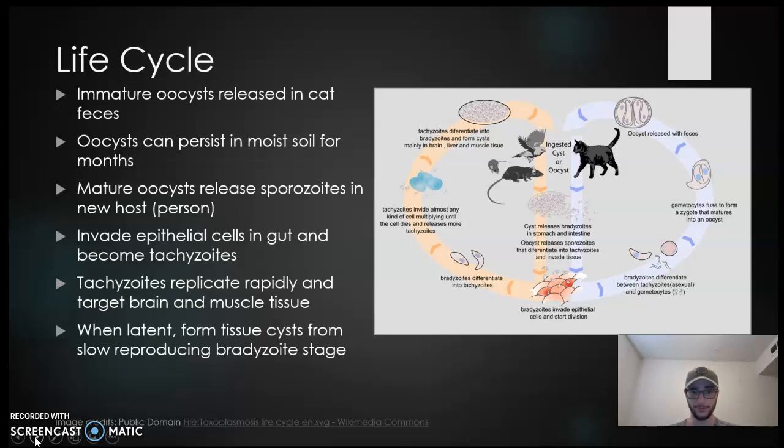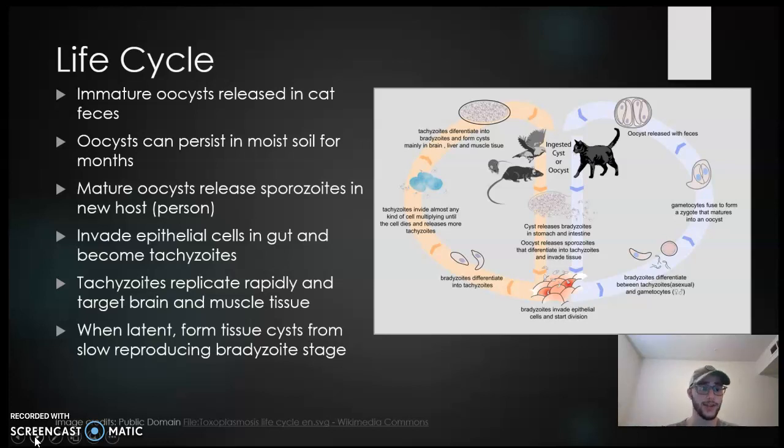They're non-motile, and they infect mostly epithelial cells in the gut. Once they're in the gut, if it's in a cat, they split into gametocytes and tachyzoites, and the gametocytes form new oocysts. That's the sexual reproduction.